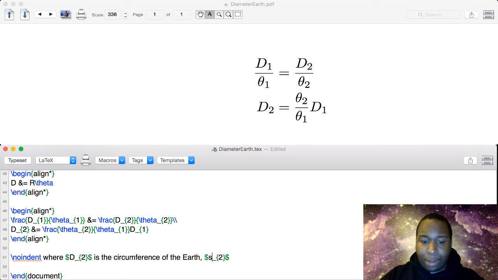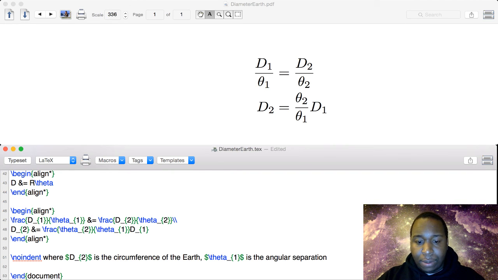So theta 1 and theta 2. Theta 1 is the angular separation that we get from the difference in elevations. But it's also the same thing as the angular separation relative to the center of the Earth for the two locations.